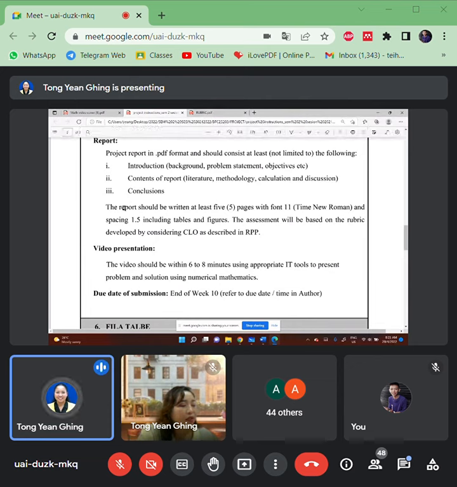Then in the content of the report, you have to mention a literature review. For the literature review, I don't want students to put what a numerical method is. No. Literature review is, for example, regarding that flood or the river, you find problems of floods that use a similar method. It is not necessary that they use a numerical method.